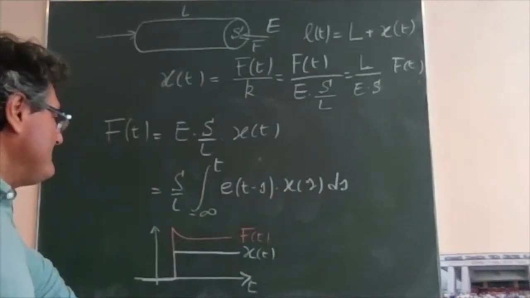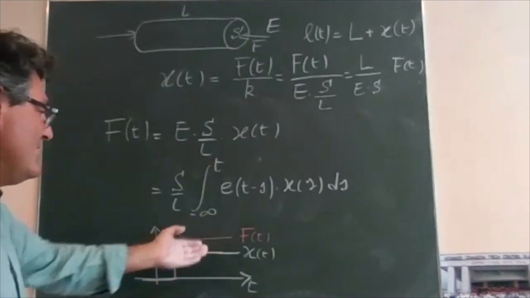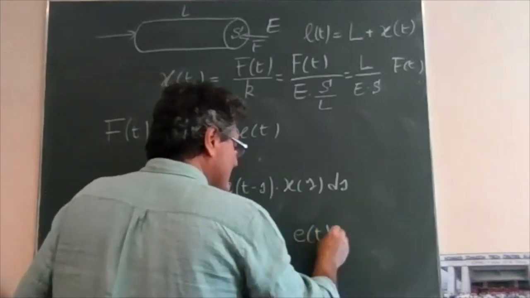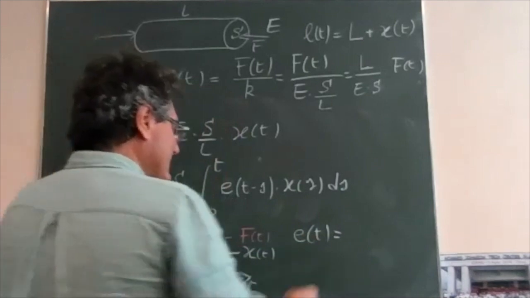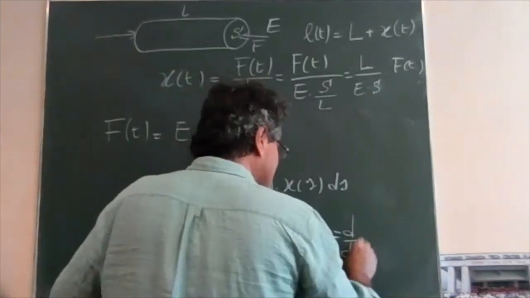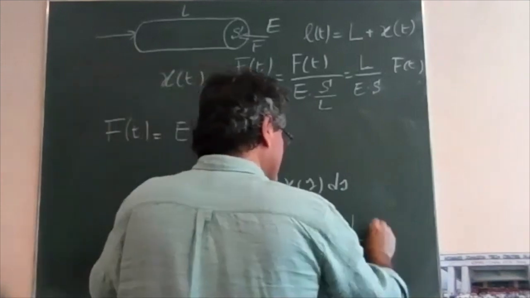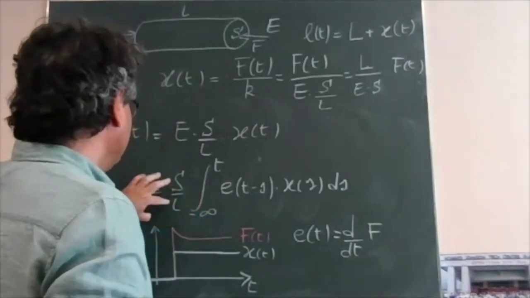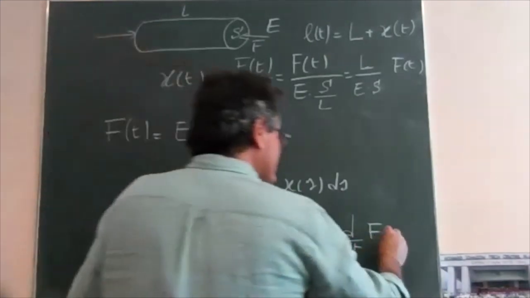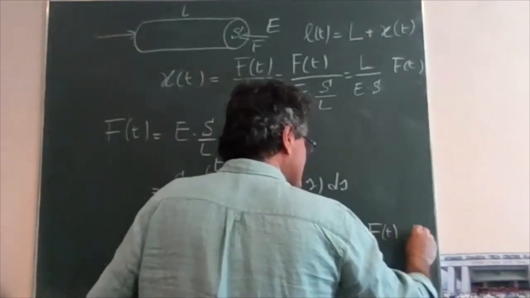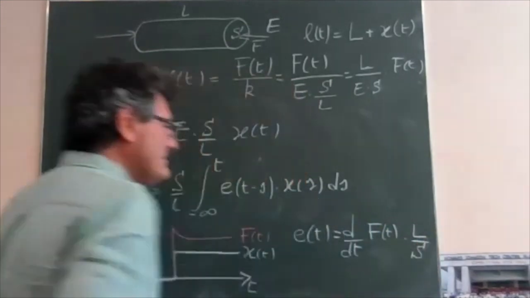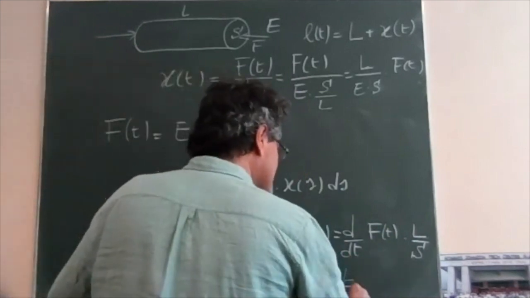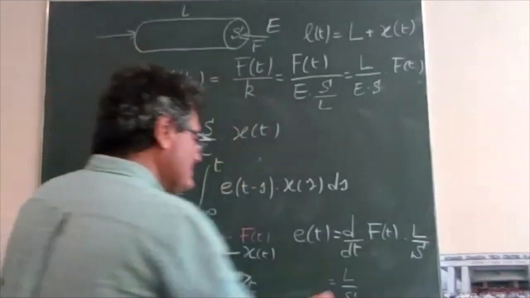So in this case, it's easy to demonstrate that the function E of t is practically the time derivative of this force function, and then we reconvert, so we take this L over S, force function times L over S. L over S is not so important.